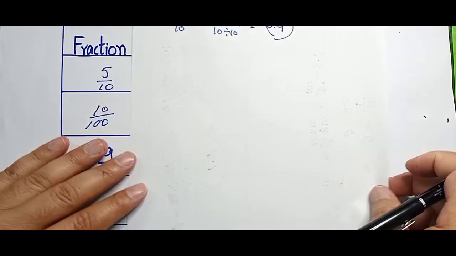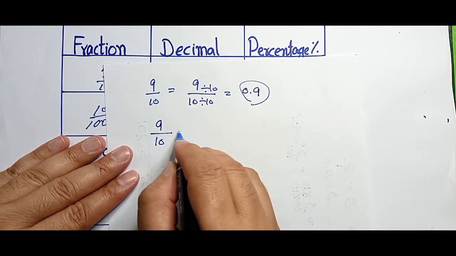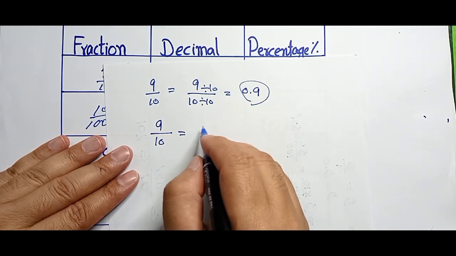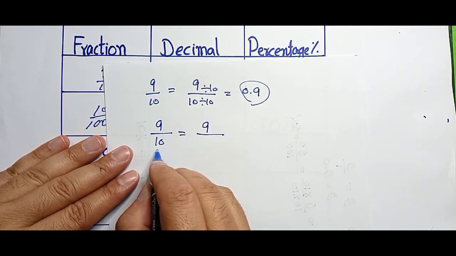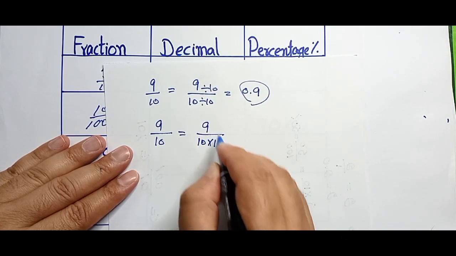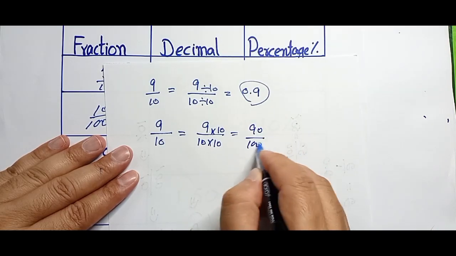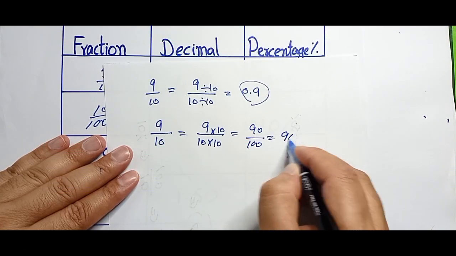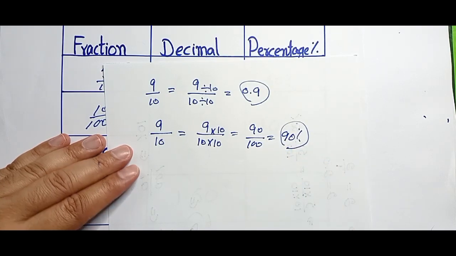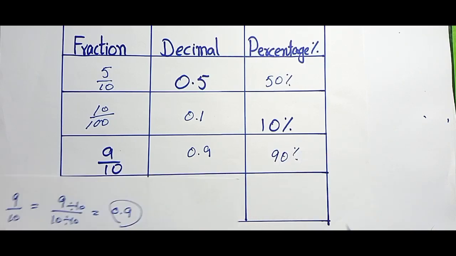Now I have to convert this fraction into percentage. You know that percentage also is a fraction. So I will make this 10 into 100 by multiplying by 10, and also the numerator multiplied by 10, 90 over 100, and the numerator will be the percentage if you have 100 in the denominator. So this will become 90%.